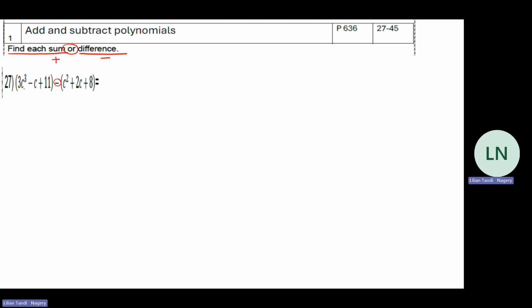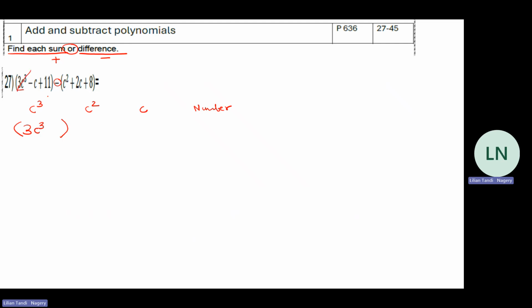Now, I see my first term is c to the third power. Then after c to the third power should come c to the second power. Then c and then just the number without a variable. Okay, so in my first bracket, I will write 3c cubed. 3c cubed does not have any other friend because there's no term with c cubed.